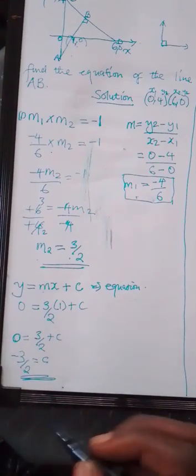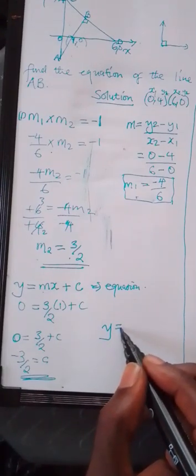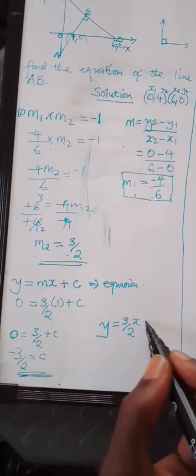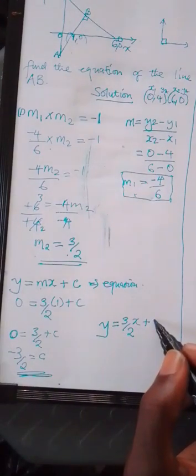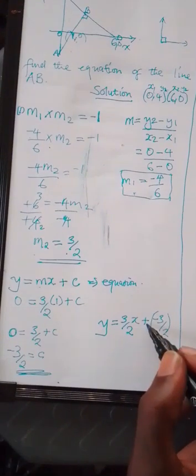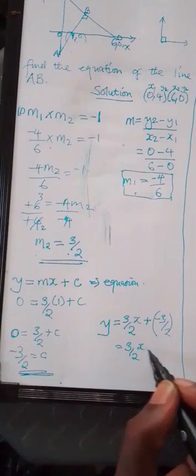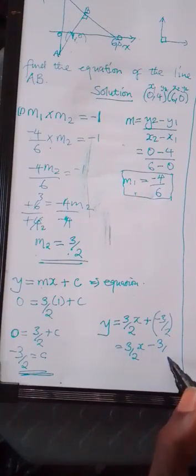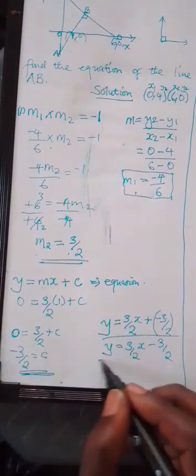Finally, we can write our equation, which is y is equal to 3 over 2 x plus negative 3 over 2, which gives us y equals 3 over 2 x minus 3 over 2 as our final answer.